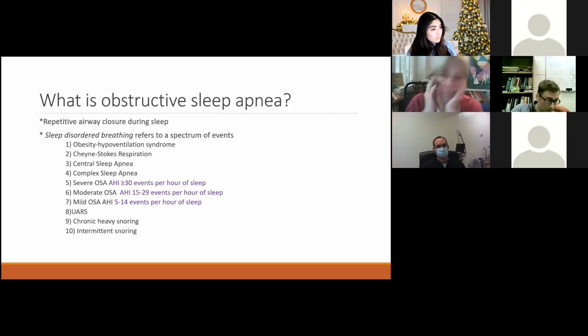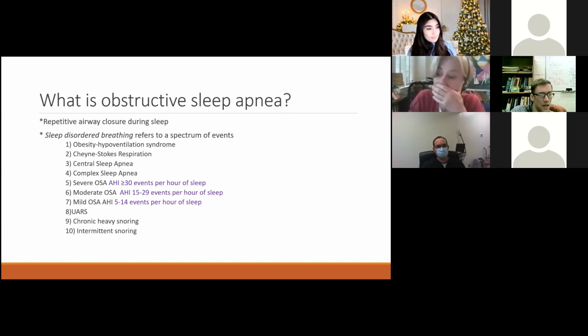So what is sleep apnea, or obstructive sleep apnea? On a basic level, with obstructive sleep apnea, it's repetitive airway closure. But when you talk about sleep apnea or sleep disordered breathing, there is a spectrum of what happens when we sleep.